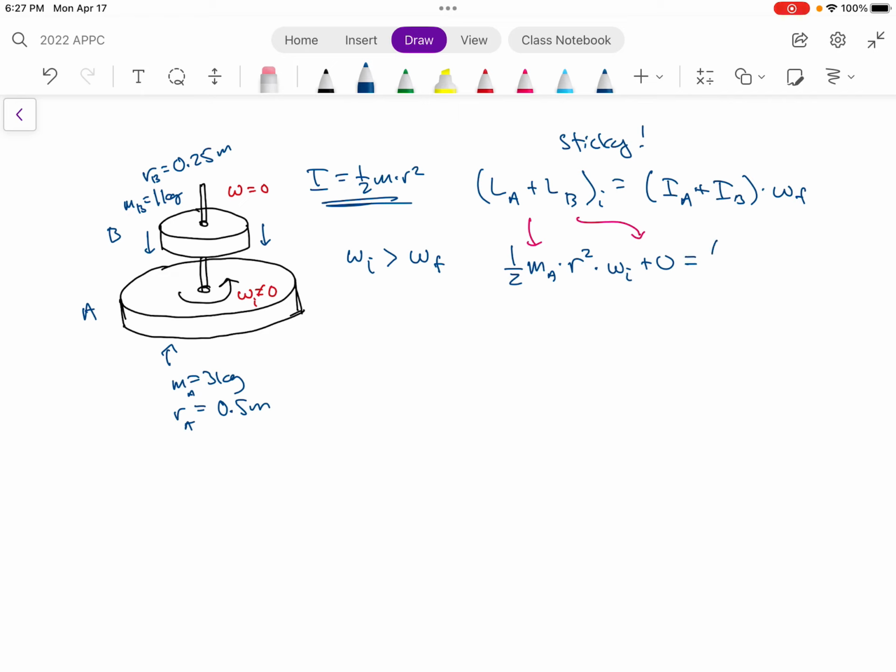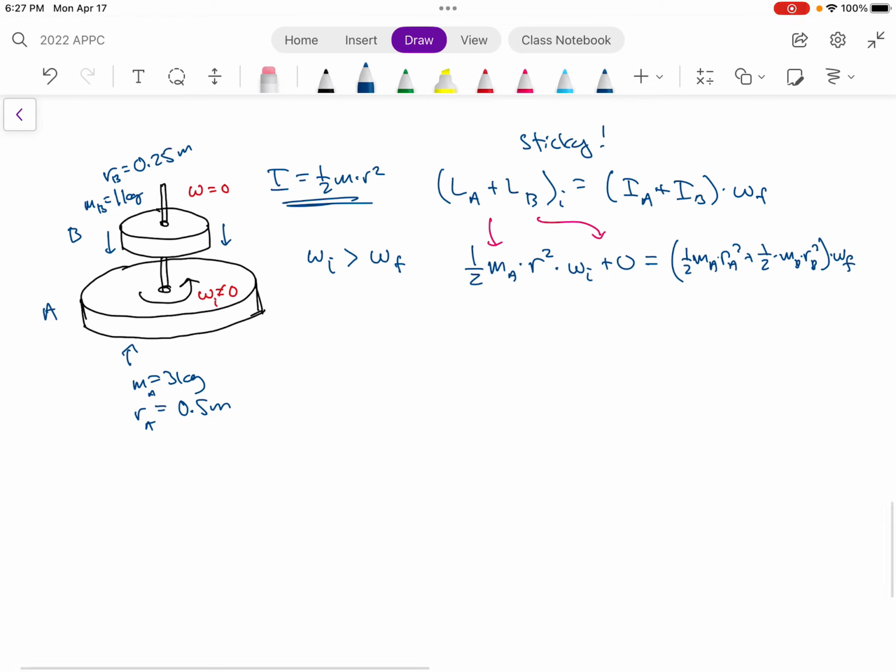And that's going to be equal to the rotational inertias of the two together: 1/2 MA times RA squared plus 1/2 MB times RB squared, all times the omega F.